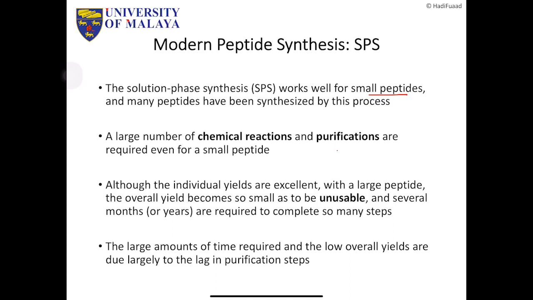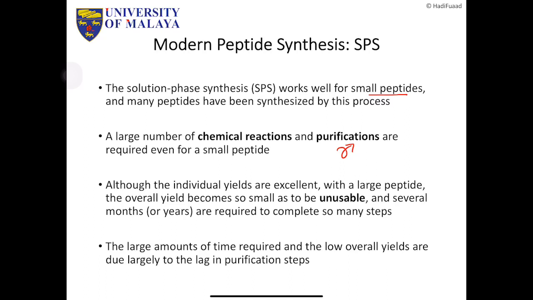In SPS, you need to do a lot of chemical reactions and a lot of purifications, which in this case is rotovapping. And as you know, rotovaps sometimes take a while. I'm not sure whether you have been into an organic 2 lab in your second year, but it can take about half an hour to just evaporate your solvent.